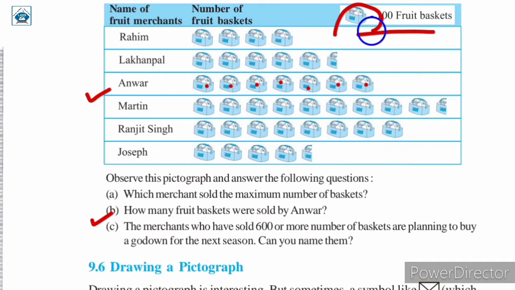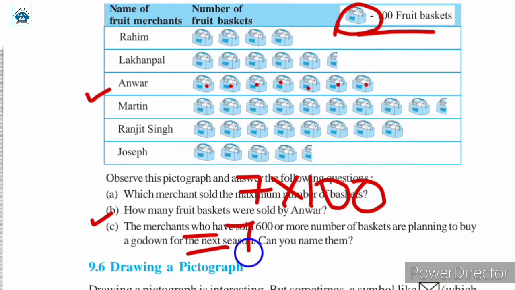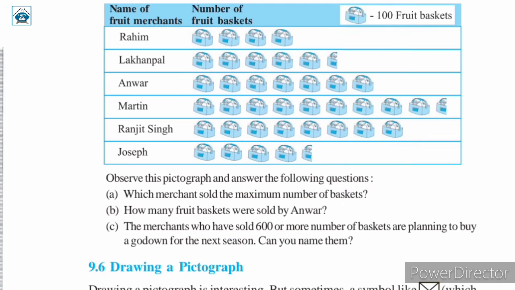That is, this figure represents 100 fruit baskets. So 7 figures given here. That means this is 7 multiplied by 100 which is equal to 700. Therefore, Anwar sold 7 multiplied by 100 which is equal to 700 fruit baskets.